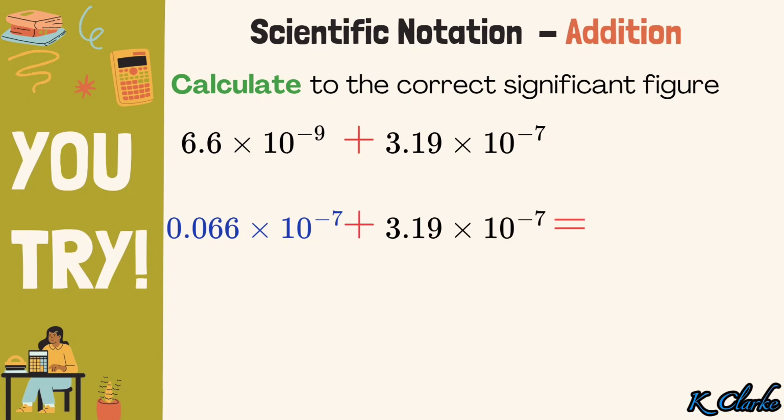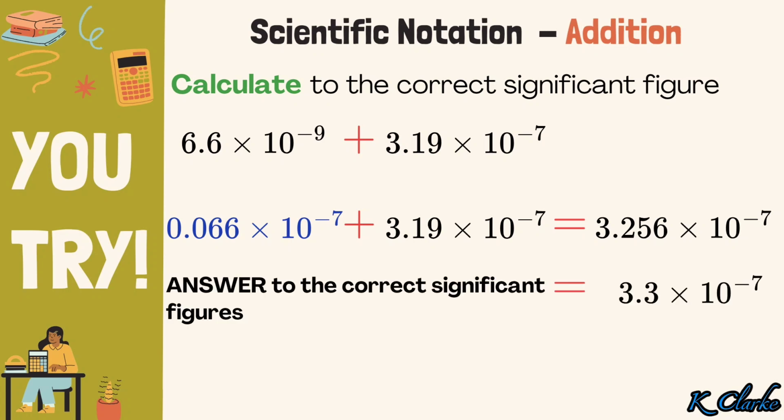The answer is 3.256 times 10 to the power of negative 7. To the correct significant figures, the final answer is 3.3 times 10 to the power of negative 7.